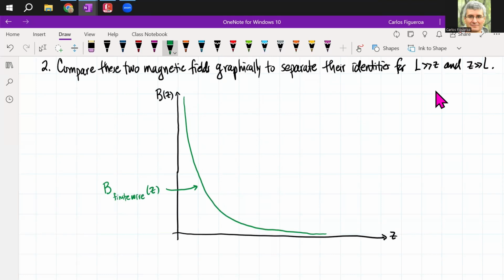And so I'm going to say that this magnetic field is the field of the finite wire. Now, what about the infinite wire? What we know about the infinite wire is that it functionally behaves as 1 over Z. That's not the case for the finite wire.